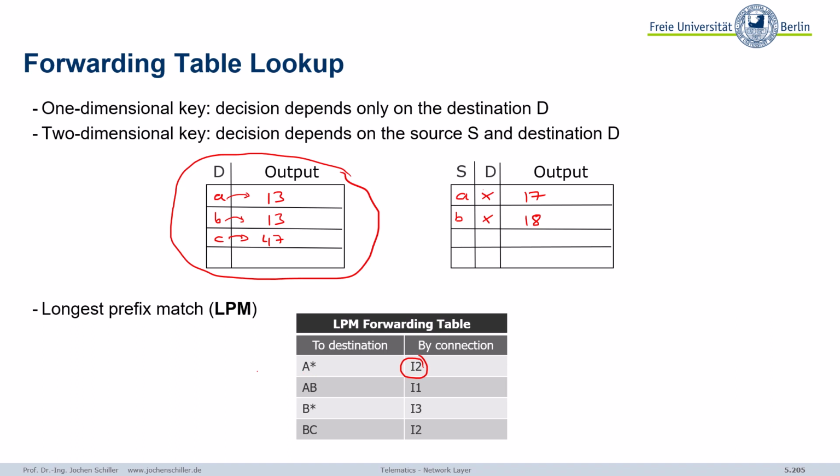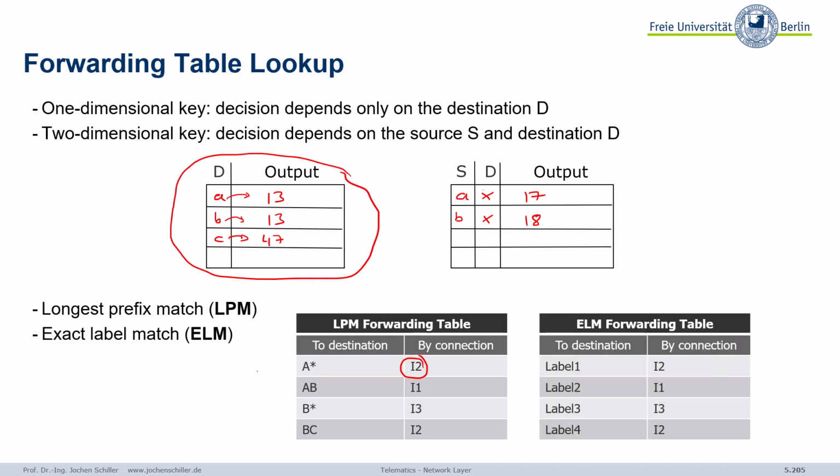You could also give certain packets labels and then perform an exact label matching. This is a technology we will briefly touch when I mention multi-protocol label switching, a technology to manage traffic in the internet. But the peak days of MPLS are also over. So exact label matching means that you label traffic streams.